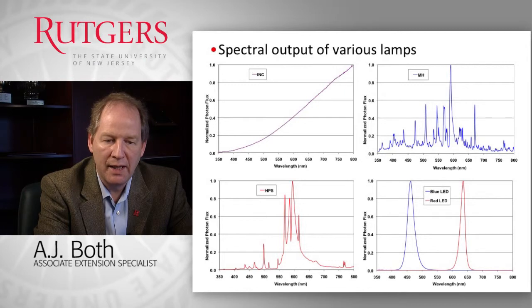And so you can see here by looking at the curves that these different light sources produce very different spectra of light, and so plants will have different responses to these different light sources. So when you think about adding supplemental lighting for crop production, it's important to understand these differences in spectral quality and spectral output for these different light sources.